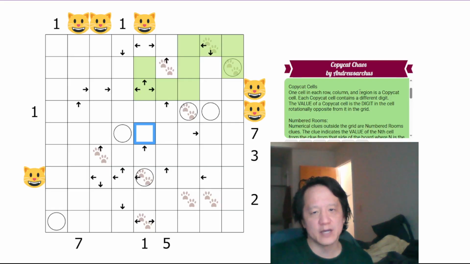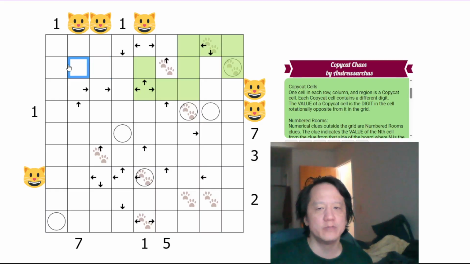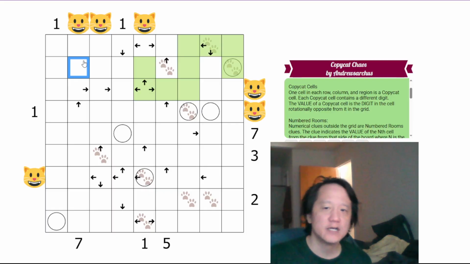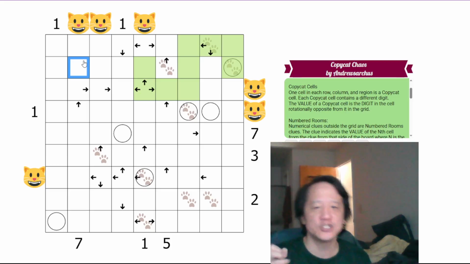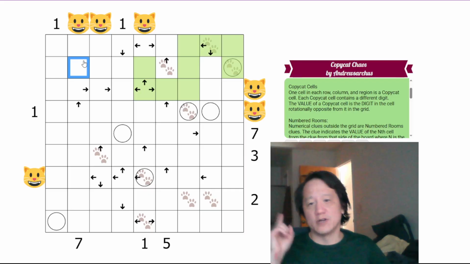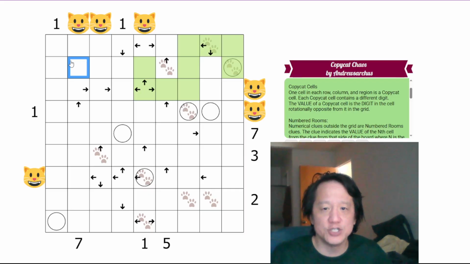We have copycat cells, where one cell in each row, column, and region is a copycat cell. And each copycat cell contains a different digit. The value of a copycat cell is the digit in the cell rotationally opposite from it in the grid.